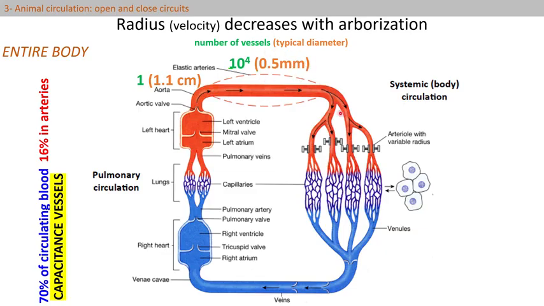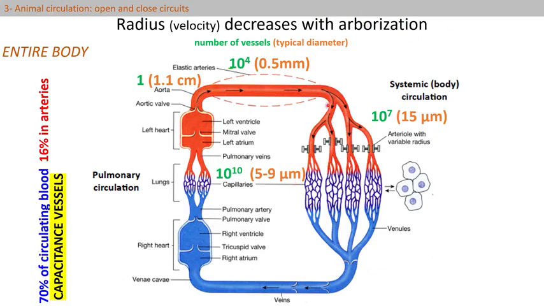Keep going through the circuit, you have arterioles, and you have 10 million of those arterioles, but their diameter is now only 15 micrometers, so very small. And finally, you go to capillaries, and you have 10 billion capillaries, but they are only 5 to 9 micrometers in diameter. So why? That's because you have an arborization.